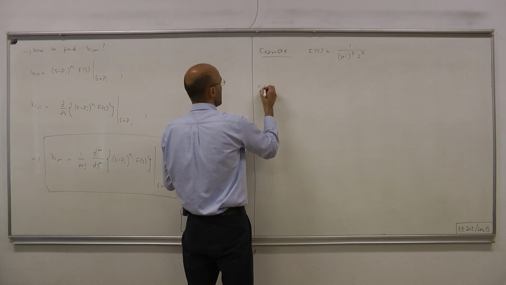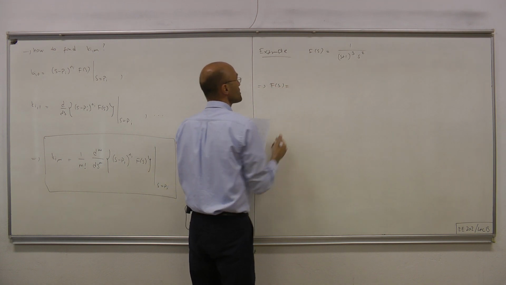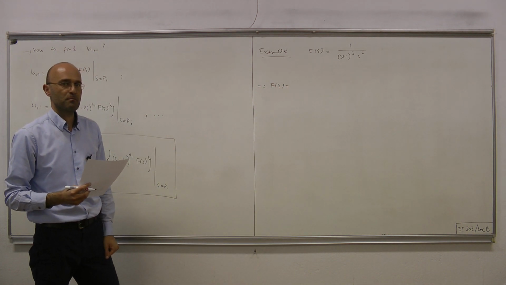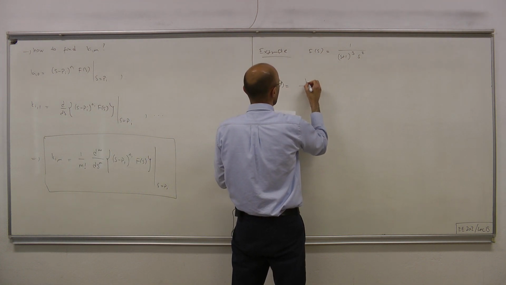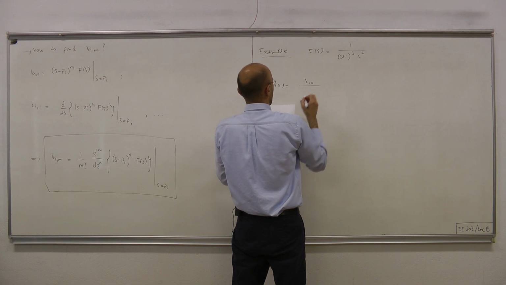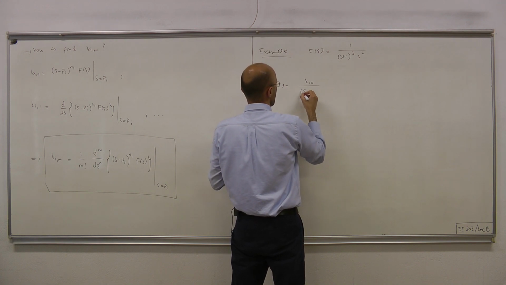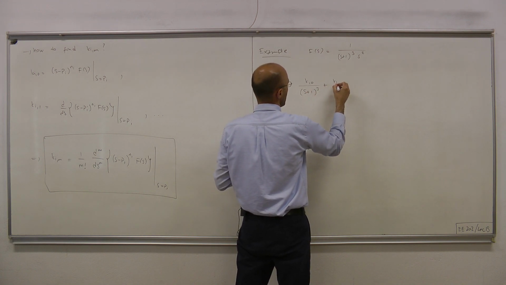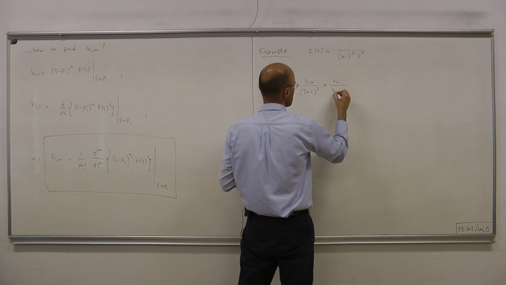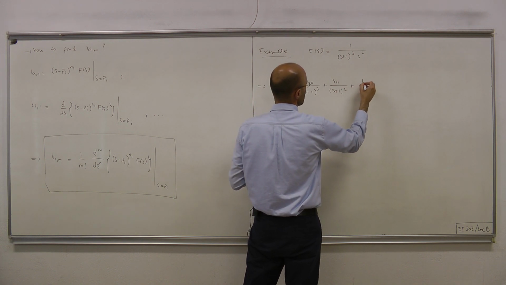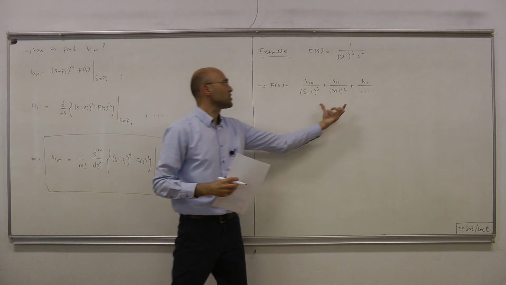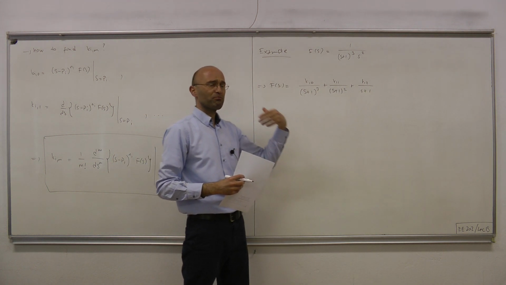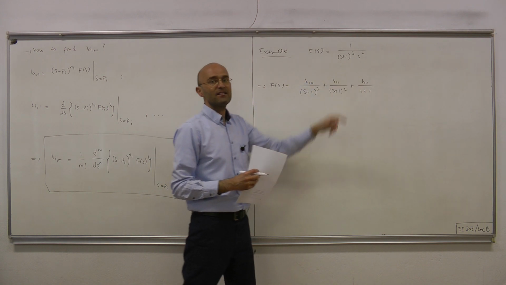So this f of s can be written as a sum of 5 terms because the order is 5, and those terms are k10 over s plus 1 cubed plus k11 over s plus 1 squared plus k12 over s plus 1. Okay, so these 3 terms are coming from the pole at -1.